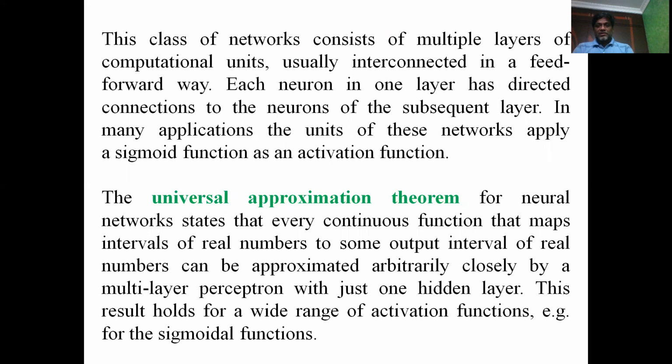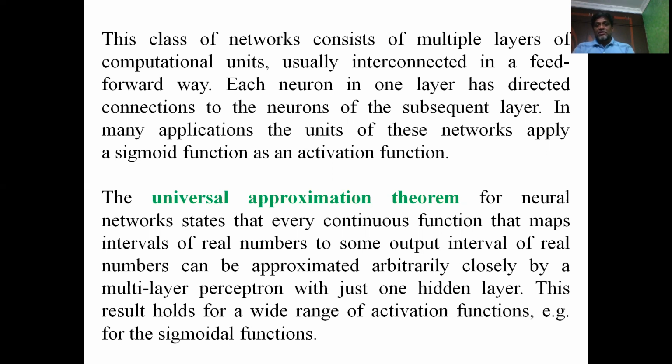There is an important theorem that we should understand related to the feed-forward neural network, that is the universal approximation theorem for neural networks. What it states is every continuous function that maps intervals of real numbers to some output interval of real numbers can be approximated arbitrarily closely by a multi-layer perceptron with just one hidden layer.